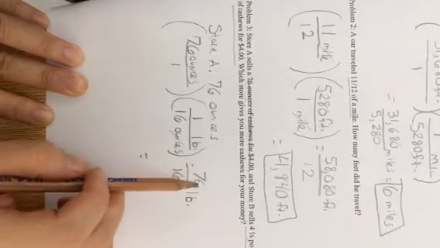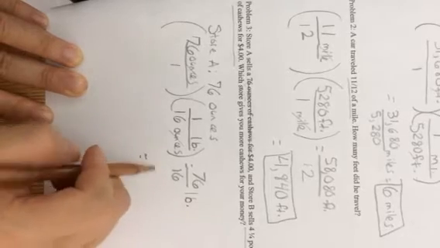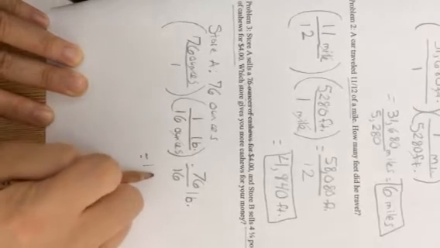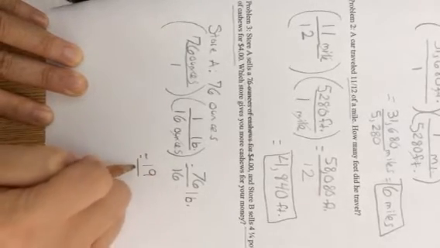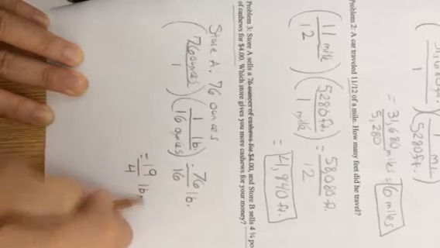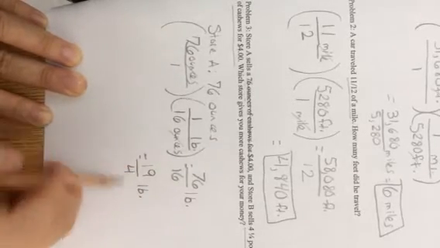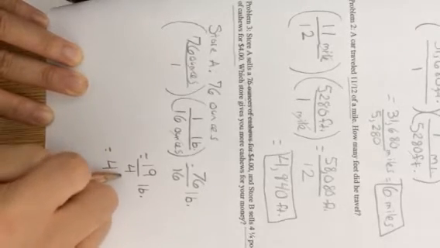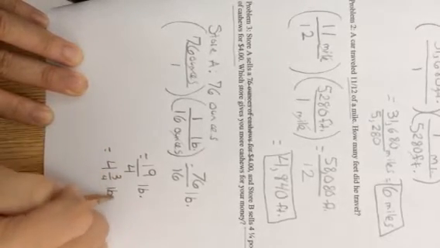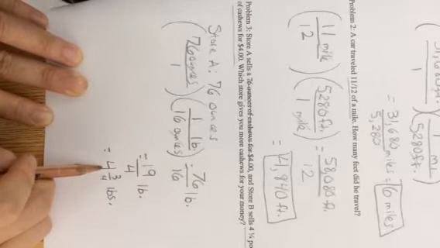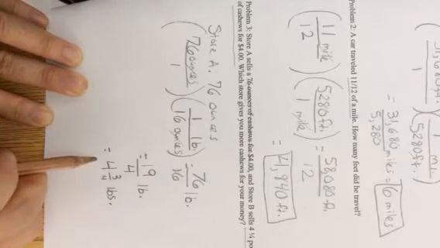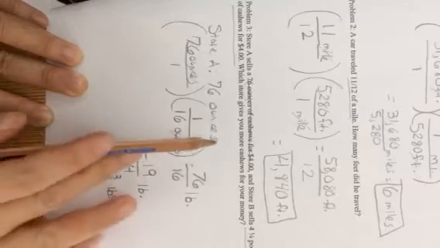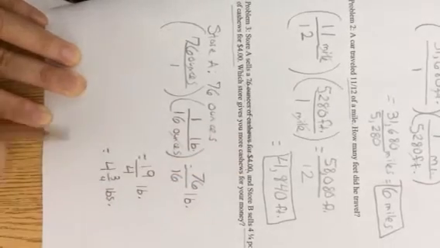So 4 goes into both 76 and 16. 4 goes into 76 19 times, and 4 goes into 16 4 times. Now I can just convert this to a mixed number. When I do that, I get 4 3/4 pounds. So that's how much store A is selling. Store A is selling 4 3/4 pounds of cashews for $4.